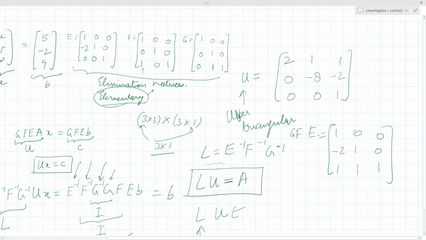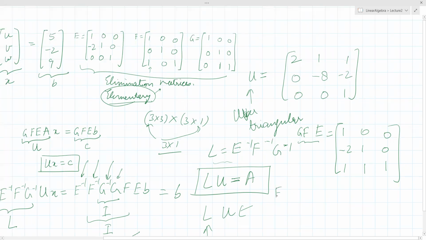Now let us try to find out what would be the value of E inverse. What will be the value of E inverse? We have found out that GFE is equal to this. What will be E inverse? I just told you. What do we have to do? What is E doing?